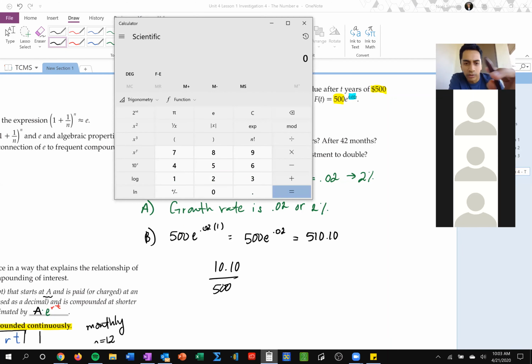So let's see what the true value of your yield was. In this case, it's 10.10 divided by 500. Notice how the yield is a little bit bigger than the interest rate. Your APR was 0.02. You actually yielded 0.0202, slightly more.